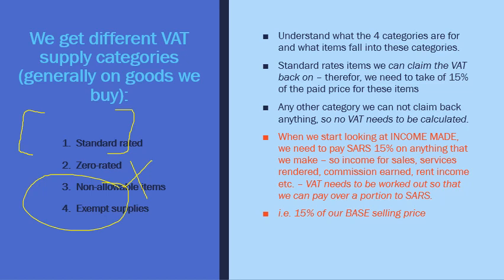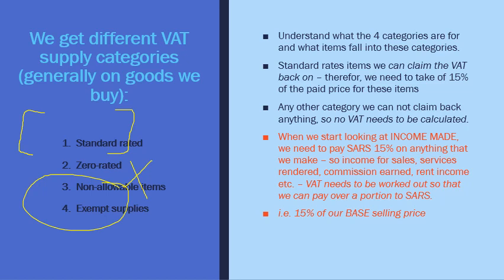So any income on sales, any services that we offer. I mean, I might be a doctor or a dentist. I might not necessarily sell homemade products and cakes and rusks and things. So whatever income I produce, SARS wants 15% of that. Okay, so that's how they make their revenue. They take 15% of any sales for a business or any income earned in a business.